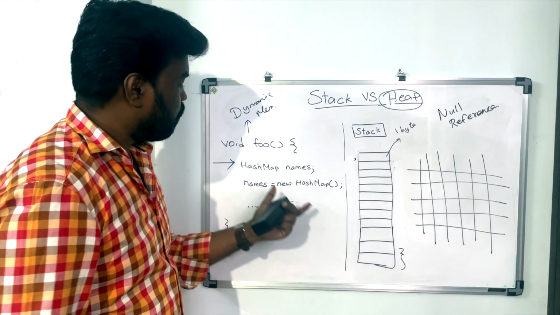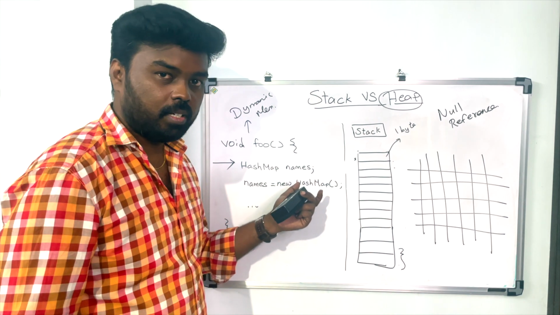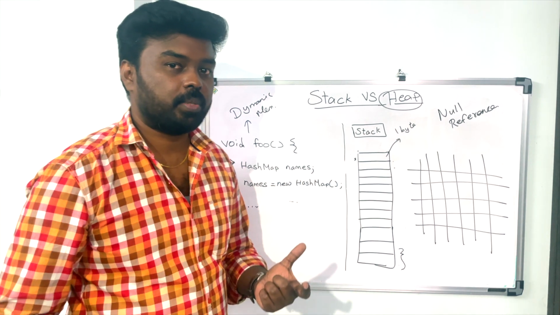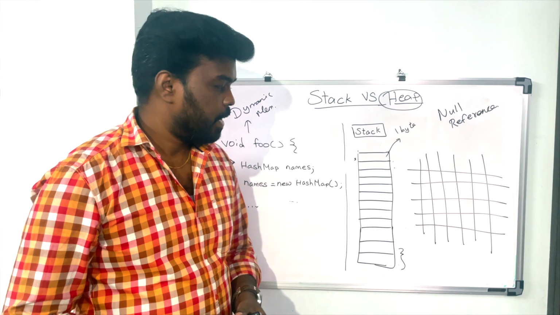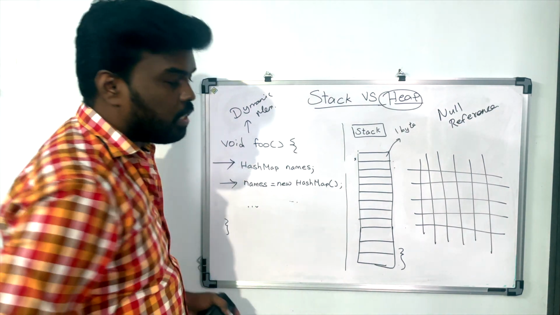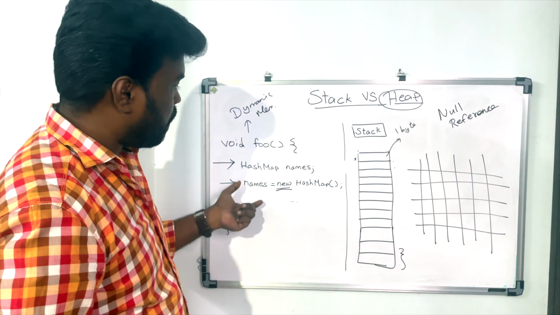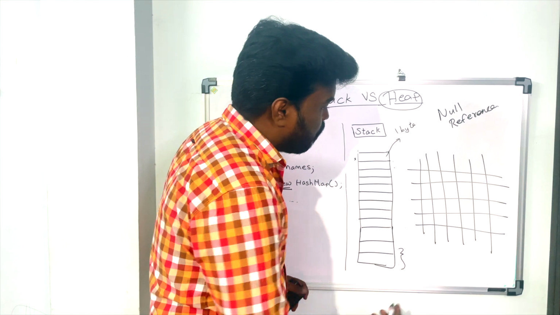So at this point, if you try to access the names variable, if you try to call some function within the names variable, in Java or C#, you will get an exception called null reference exception. So now the execution reaches the second line where you are initializing the hash map using the new keyword. At this point, it allocates some section of memory in the heap.